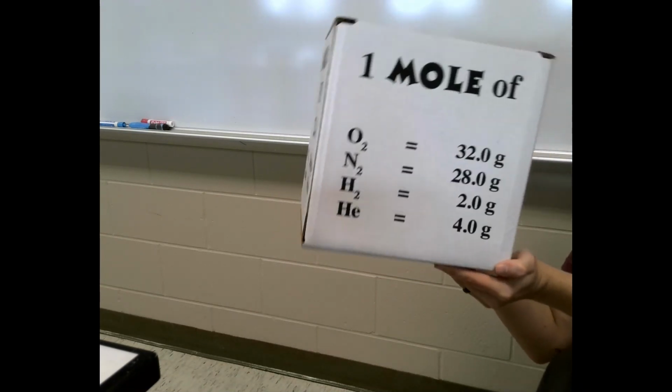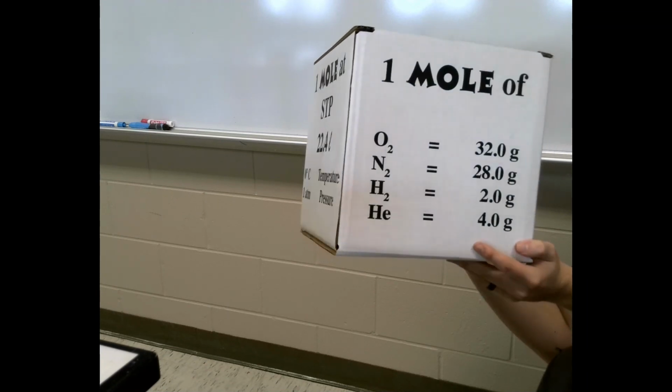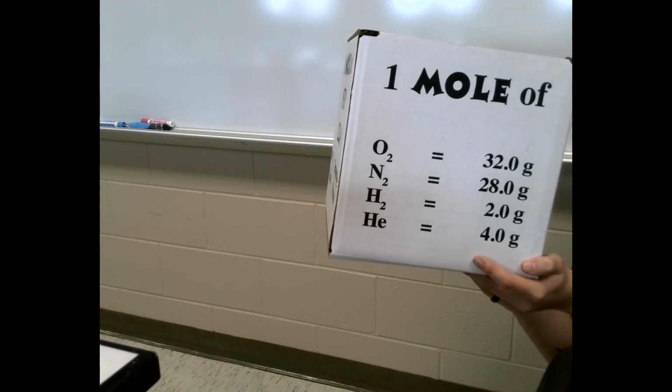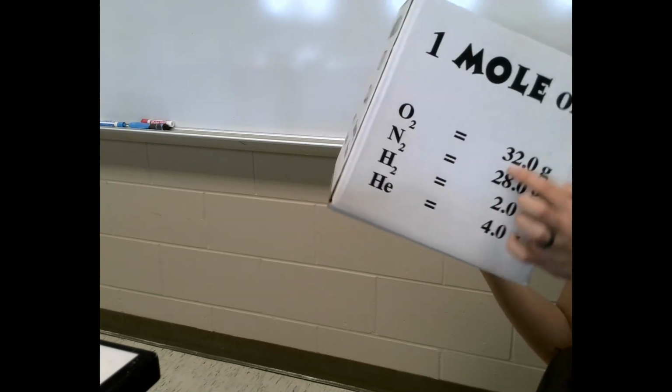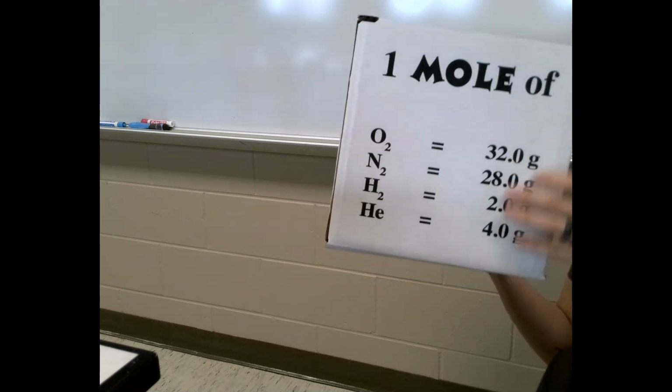But inside the classroom it wouldn't, because the classroom is not at 0 degrees Celsius. If the pressure of the gas was 1 atm and the temperature of the gas was 0 degrees Celsius, all of these gases would have different masses, but their volume would be equal to 22.4 liters, the size of this box. In the next video we'll apply this calculation to solve some problems.